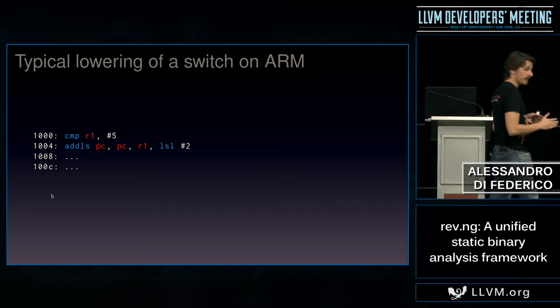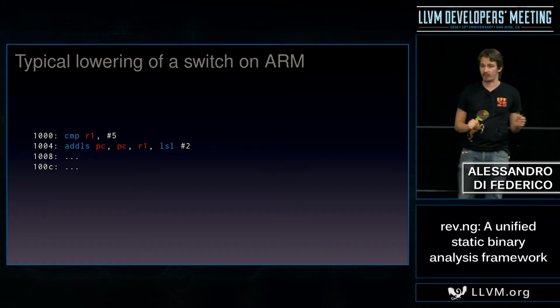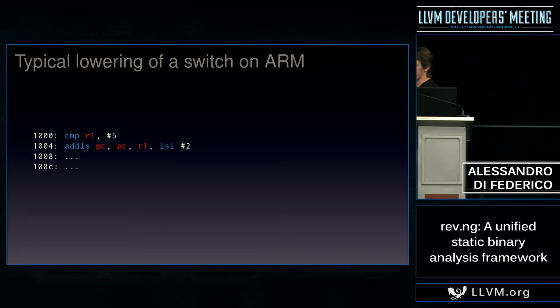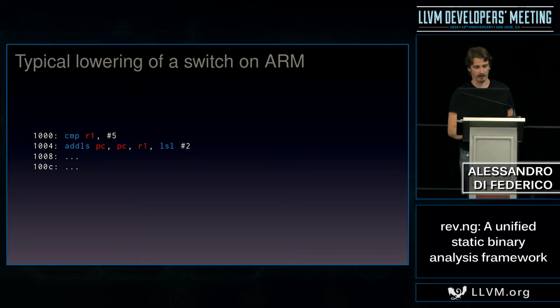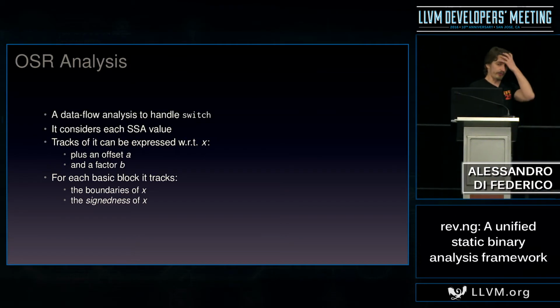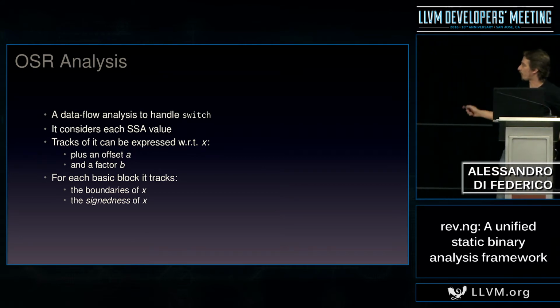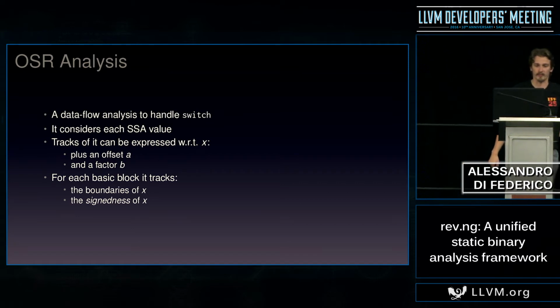Now, our aim in our tool is to be able to enumerate all the possible destinations of this instruction in a general way, without pattern matching this specific behavior, and in a way that is as general as possible. For this reason, we developed what we call the OSR analysis, which stands for offset shifted range. We'll see what that is in a second.